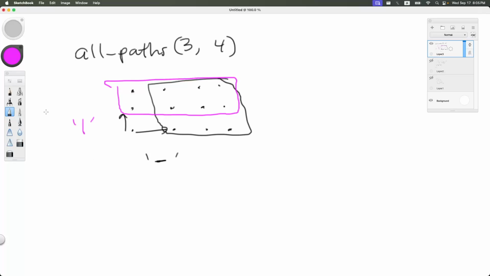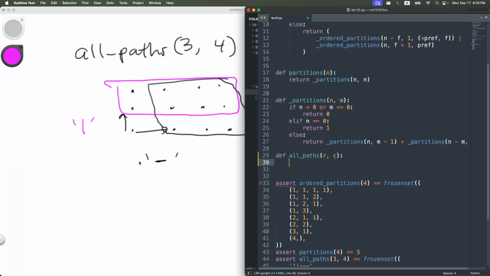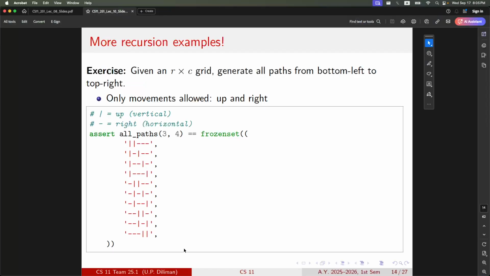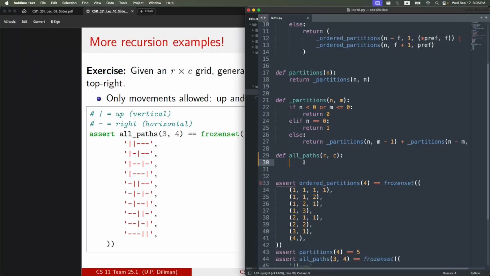So how do we generate all possible paths?